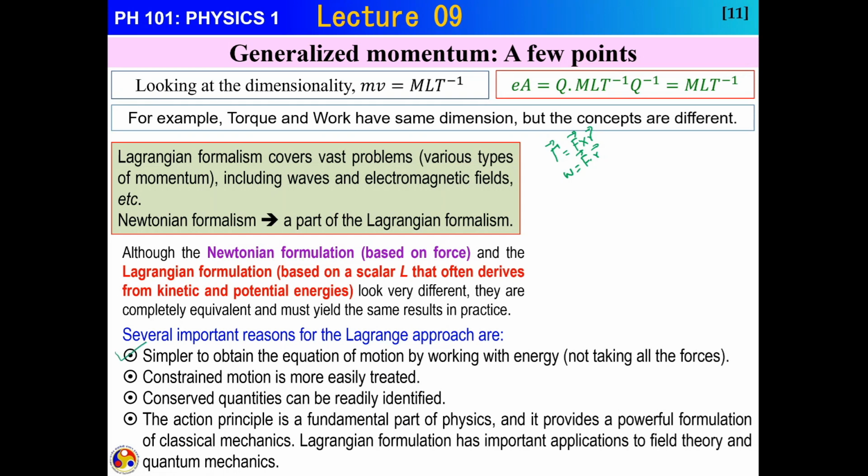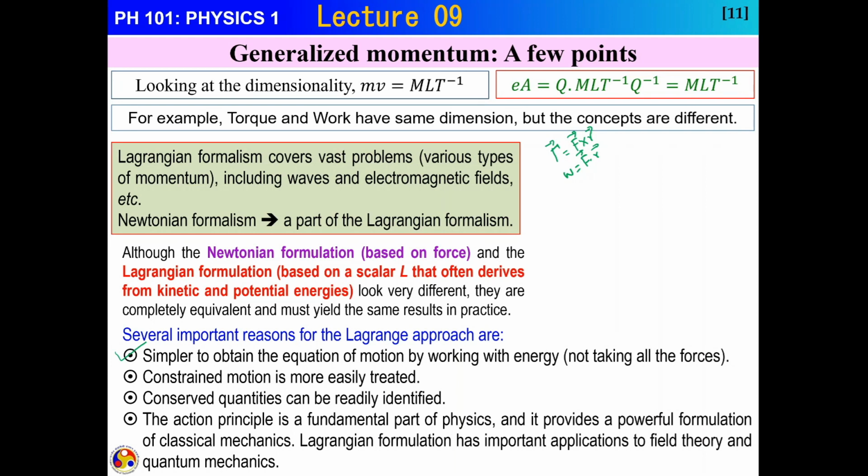equation of motion that you are going to derive to describe the system is simply based on working with the energy, without taking all types of forces involved. When I say forces, there are situations where you have forces applied externally and there are constraint forces also.